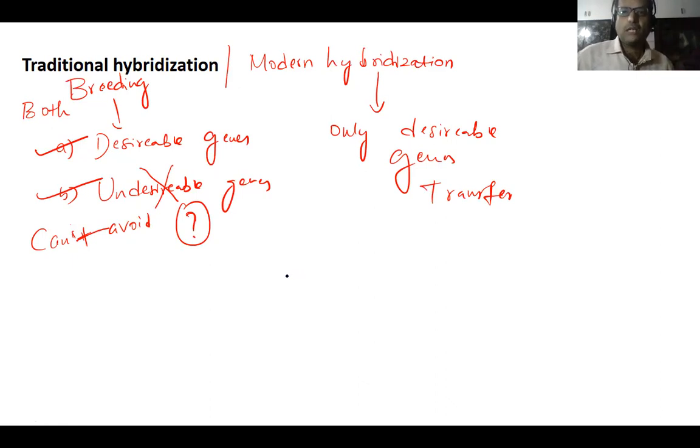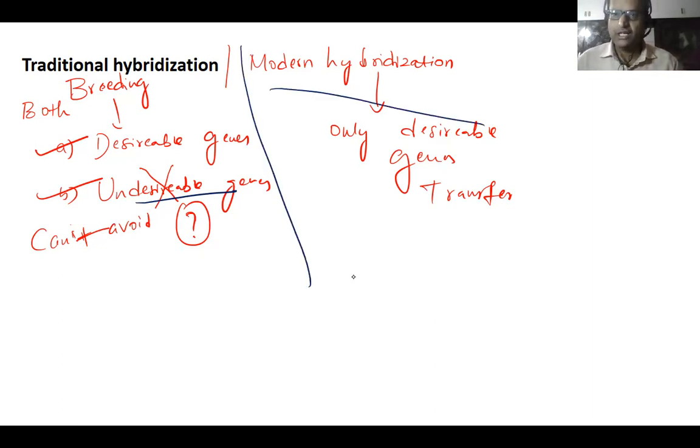We are not able to avoid the undesirable genes in the traditional hybridization technique. Whereas in the modern hybridization technique, only desirable genes are transferred. That means the undesirable genes can be completely avoided by modern hybridization. That is the technique.